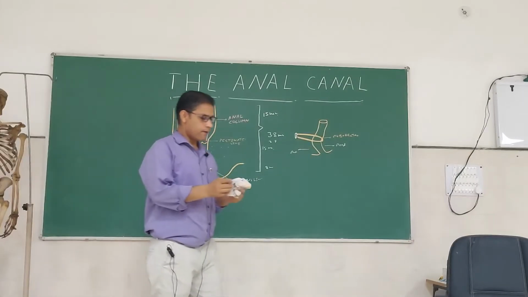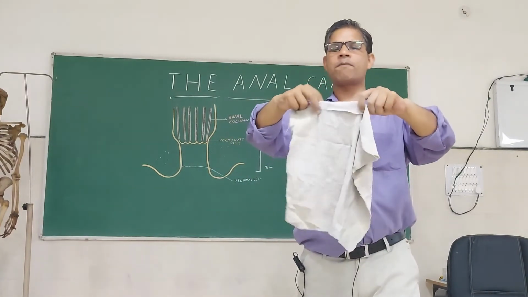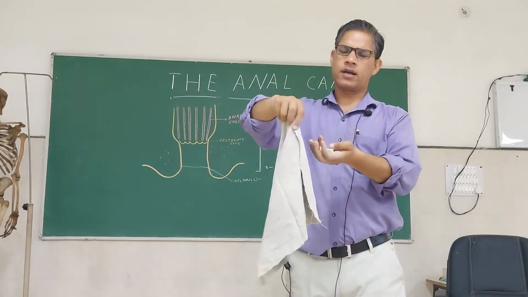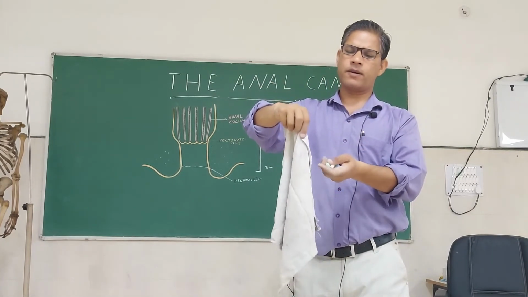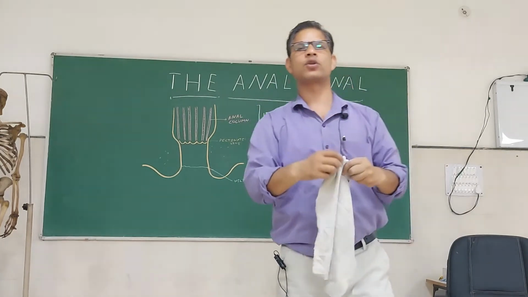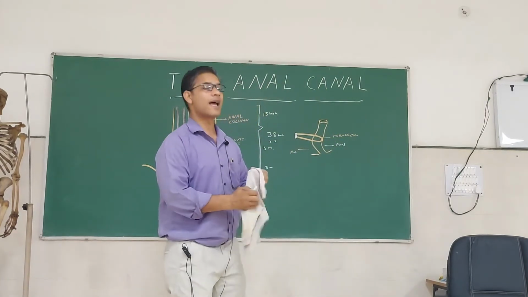Okay, very simple. If this cloth is a plain mucosa, and I put this chalk piece here, it is prominent. Next, if I put another chalk here, that is the second. Now this kind of column is present throughout the upper 15 millimeters of the anal canal, and these are known as anal columns.